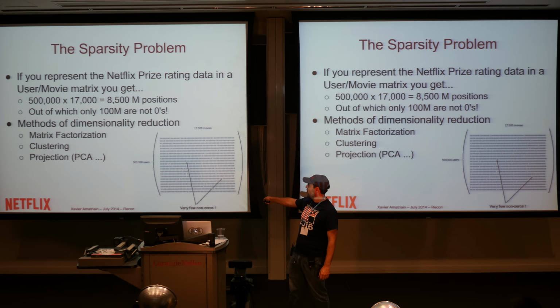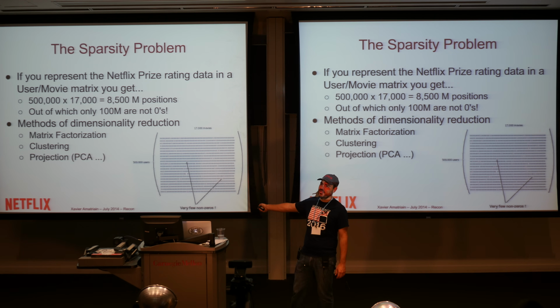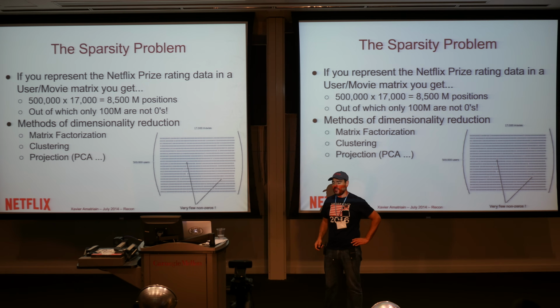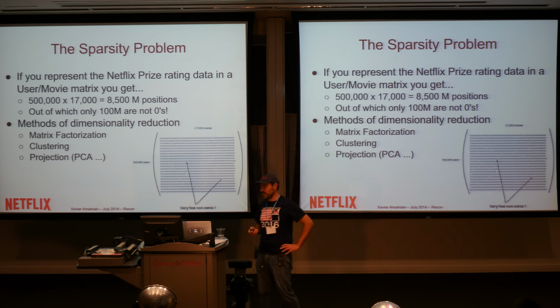It was made of 500,000 users and 17,000 movies, and some ratings, actually only 100 million ratings. And the goal of the prize was to be able to beat the Cinematch model, which I talked about before, which was actually a very simple nearest neighbor based approach.